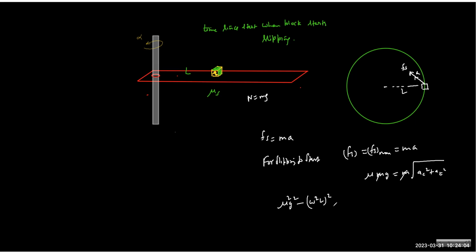So it is omega square L whole square is alpha square. Am I right? Yes, sir. And now we can take under root.